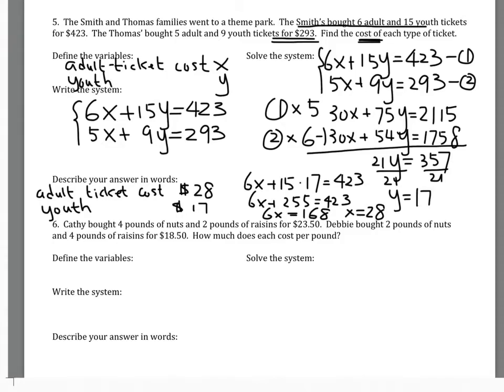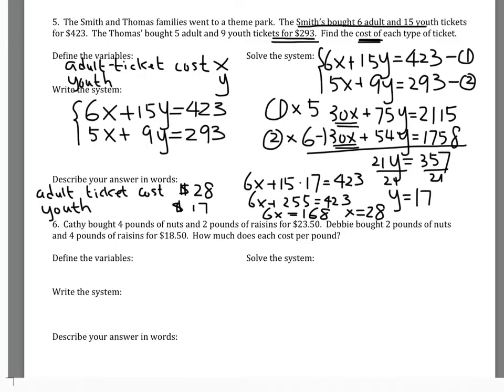So as I multiply the first equation by 5, I have 30x plus 75y equals 2115. As I multiply the second equation by 6, I have 30x plus 54y equals 1758.